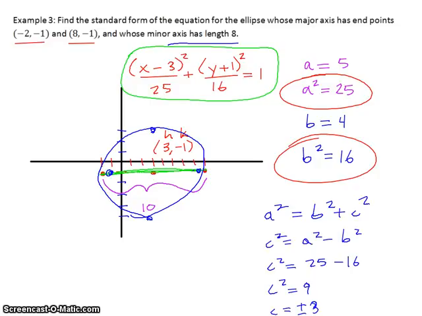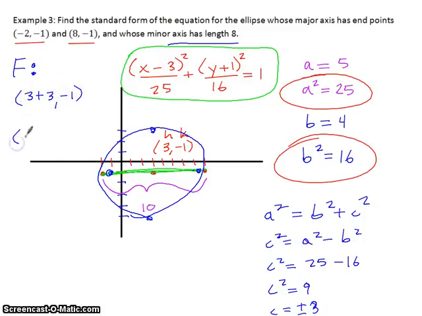So down there in blue, I've solved for c, and I've found that c is plus and minus 3. So if I want to find my focus points, I need to add 3 and subtract 3 onto my h value. So let's see what that looks like. The focus points, one of them is when I take 3 and I add 3.